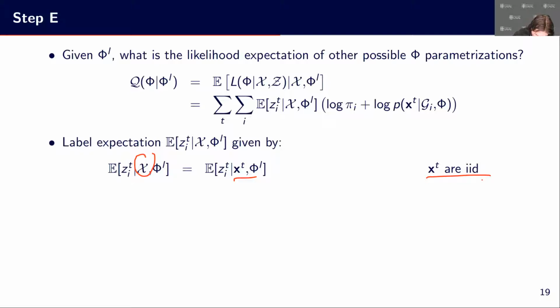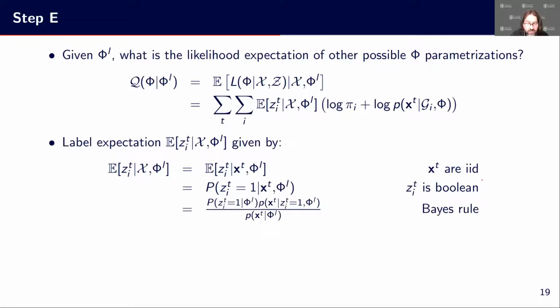This allows us to simplify from the full data set to only one sample at a time. And we also know that z_it, even though we are not observing it, is Boolean. So the expectation over z is basically the probability of z being equal to 1, given that z_it is Boolean.